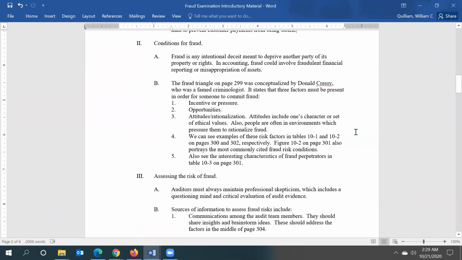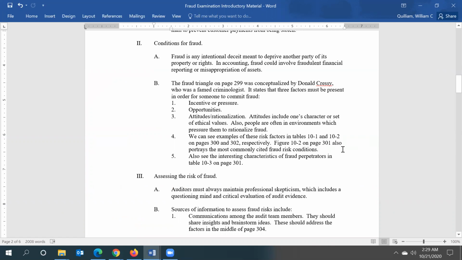Well, coming back here to some conditions for fraud. Again, incentive or pressure, opportunities, and rationalization or attitudes. And attitudes include one's character or set of ethical values. And often people are in environments which pressure them to rationalize fraud.